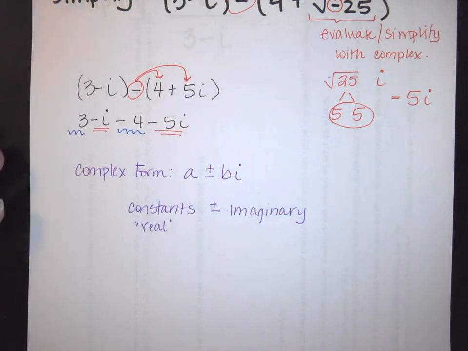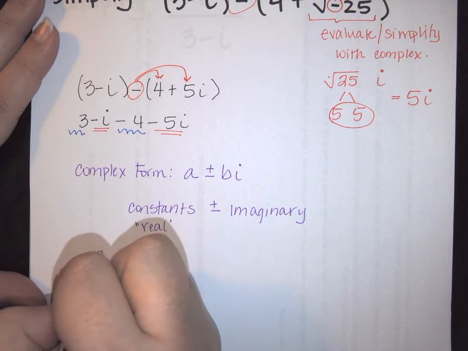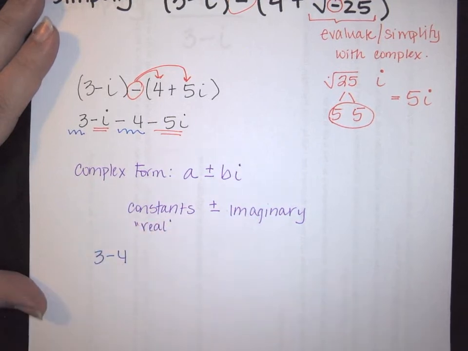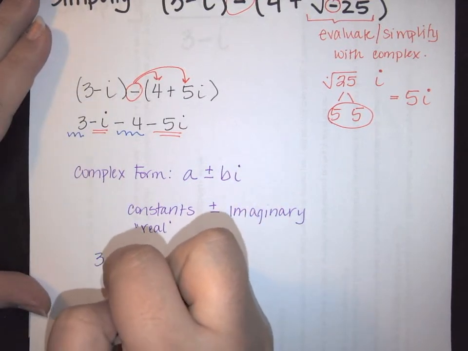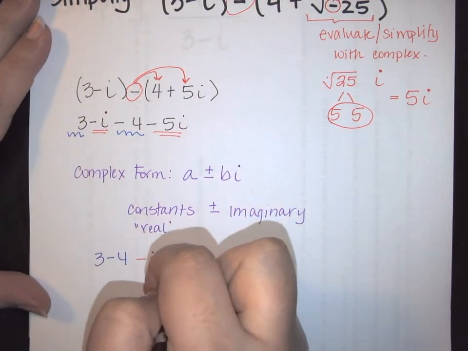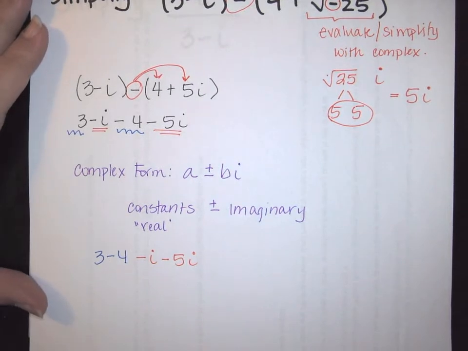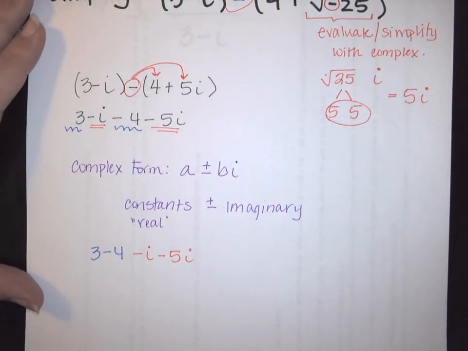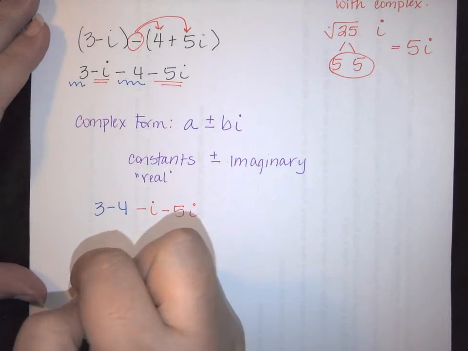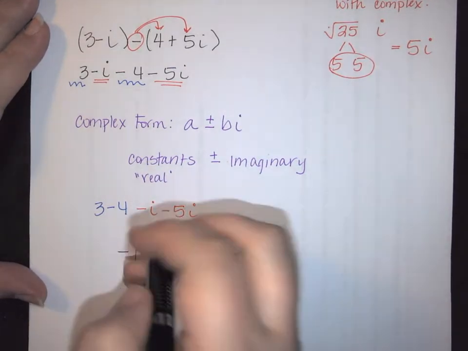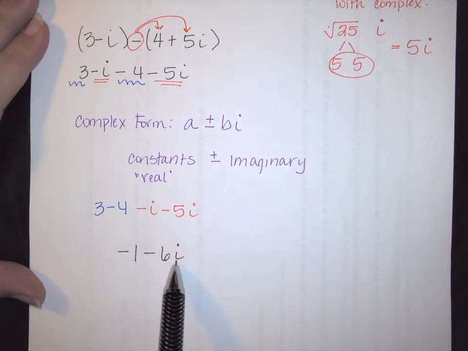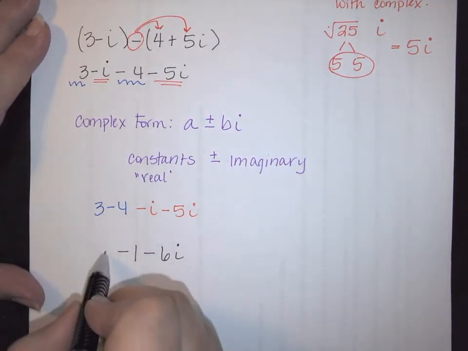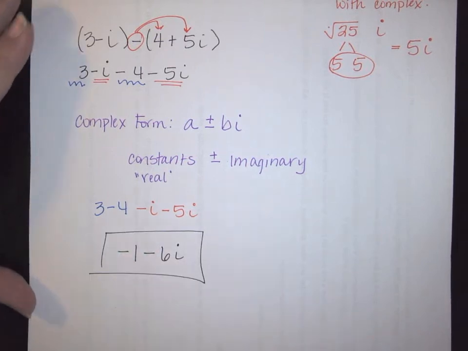So in this case, I have 3 minus 4, so I would group those together. And then I have negative I, and minus 5I. When I reduce those, we're going to end up with 3 minus 4, which is negative 1. And then negative 1 minus 5 is going to give you a minus 6I. I am in the form A plus or minus BI, and so this is my simplified result.